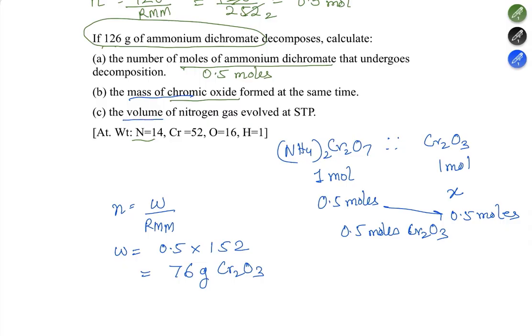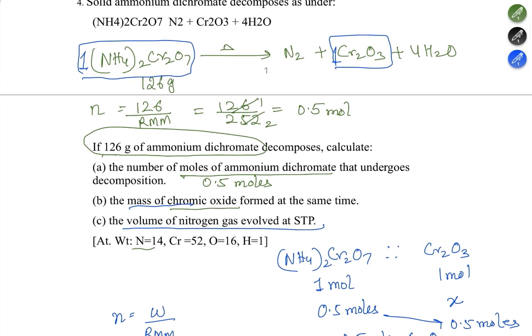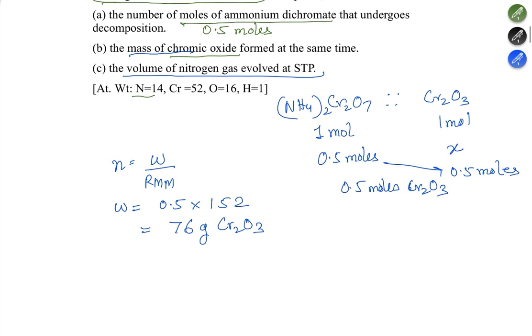Now let's look at the third part, volume of nitrogen gas evolved. Again we have to go back to my balanced equation. In the balanced equation, the relationship of ammonium dichromate to the nitrogen gas is again 1:1 mole. So again I'll write down ammonium dichromate to nitrogen gas, the ratio is 1 mole to 1 mole.